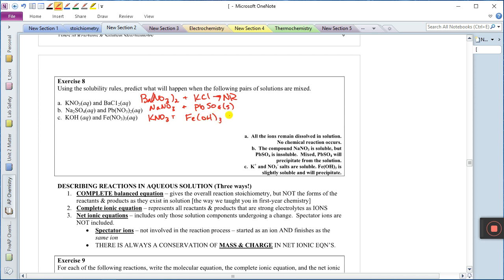And do I get a precipitate? Which one? The nitrate. The nitrate will be soluble. What about the hydroxide? No. But it's strong bases. If it's not group 1 or the lower half of group 2, it's not going to be soluble. Hydroxides are typically not.